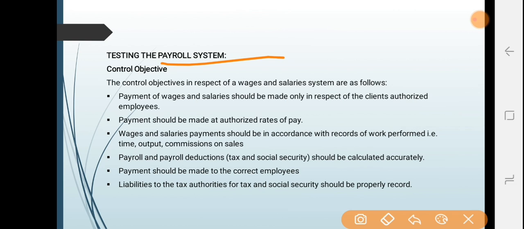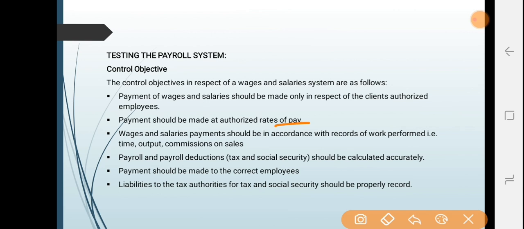Okay, so here the objective includes the following. Payment of wages and salary should be made only in respect of the client authorized employees. So this is the first objective. Then the payment should be made at authorized rates of pay.